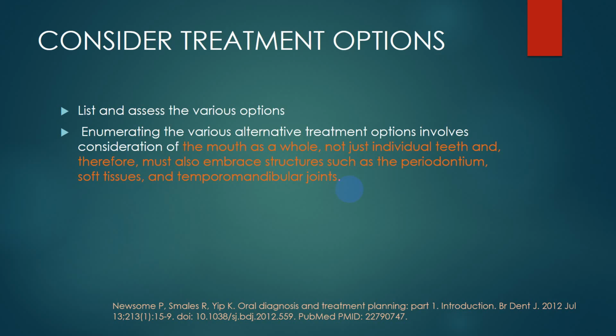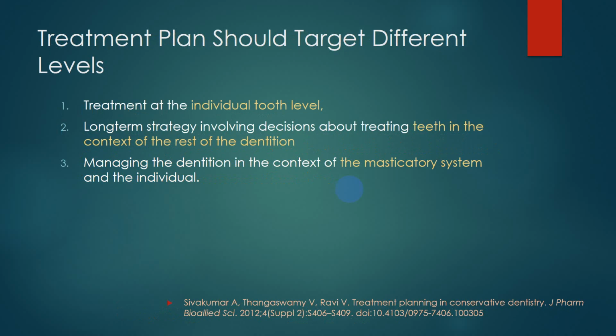These factors relate to the dental finding itself, like the restorability of this tooth. At the same time, I should think about the whole oral cavity, the whole patient as one unit, not only considering every single tooth by itself alone. It should all be put together.